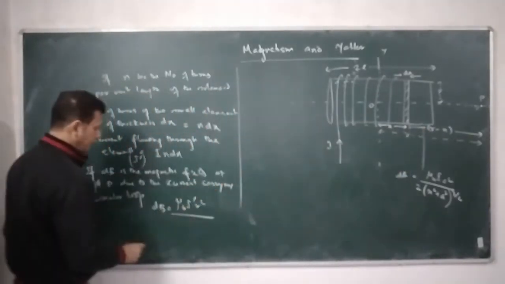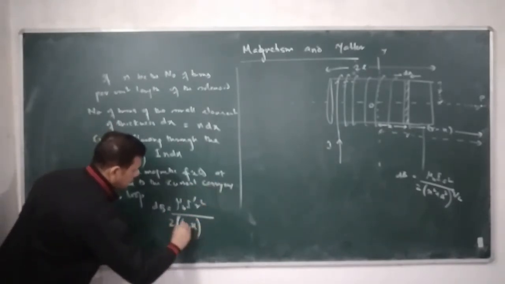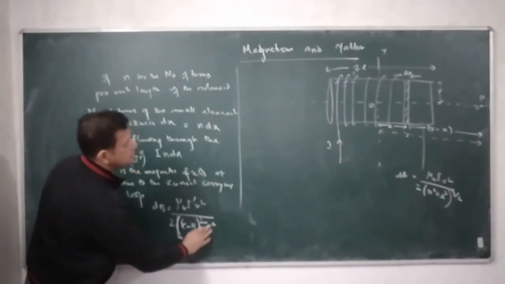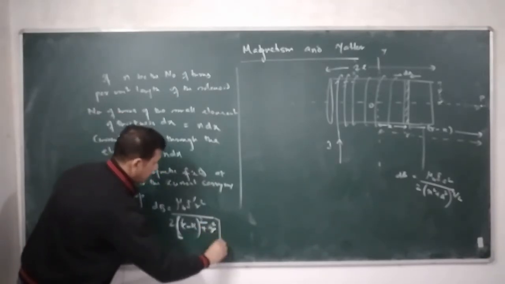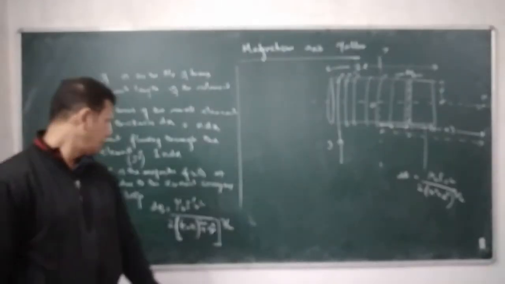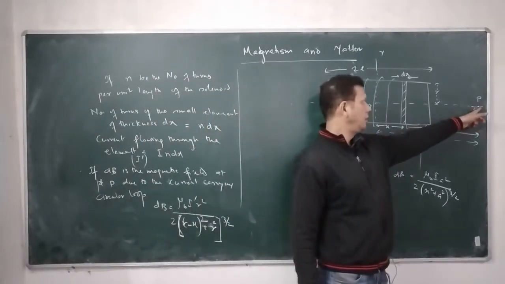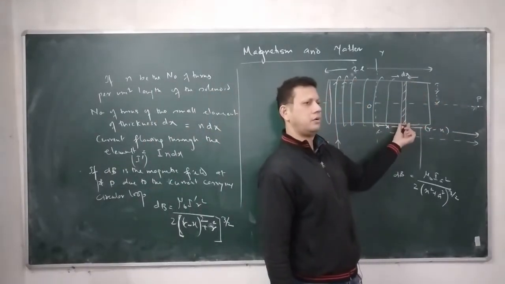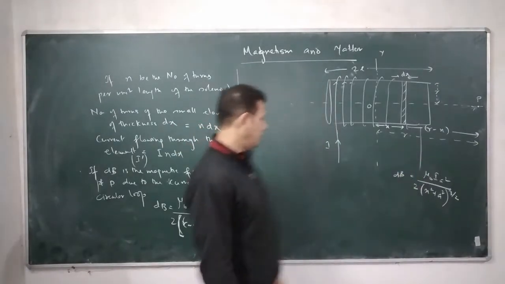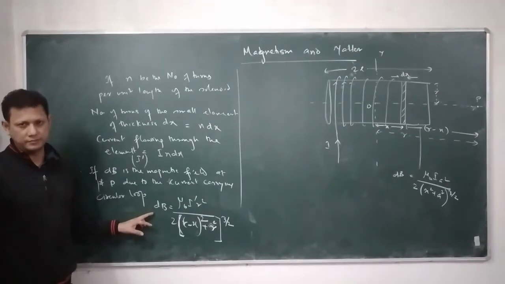So in place of x, you have to write (r minus x) whole square plus radius square. Oh, sorry, our radius is small r, so r square, to the power 3 by 2. So this is the magnetic field at point P only due to this circular loop, which carries a current of I dash. And according to this formula, the magnetic field at point P will be given by this relation. Okay?